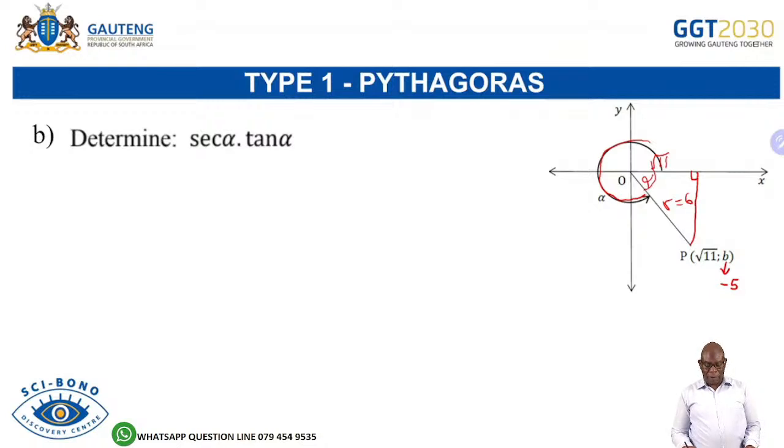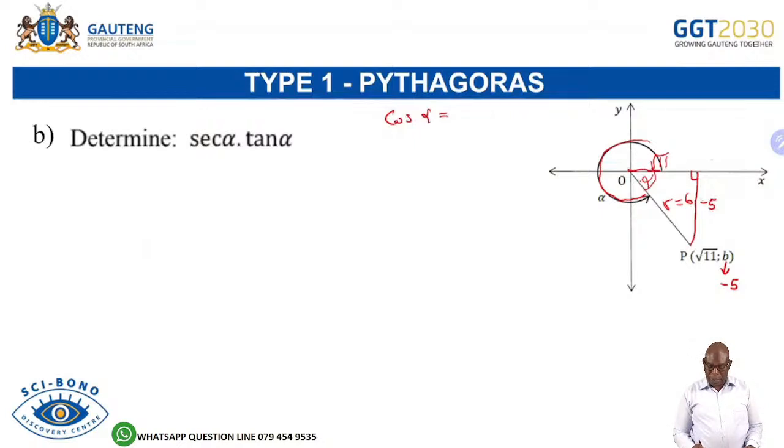The sec of alpha, remember, sec is a friend to cos, which means the cos of alpha is, this one is negative 5. So the cos of alpha is adjacent over hypotenuse.